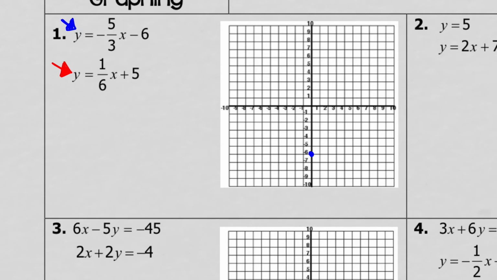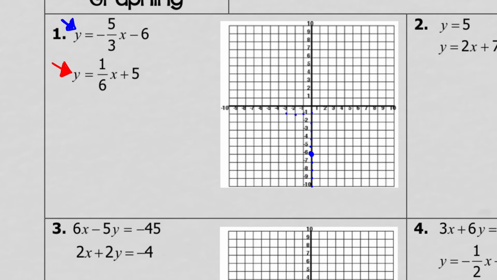What is my slope? -5/3. How do I do a negative slope? Do I go up or down? Down. So if I go down 1, 2, 3, 4, I don't have enough on my graph, so can I go up? Yes. So if I go up 1, 2, 3, 4, 5, do I go to the right or the left? Left. I go to the left.